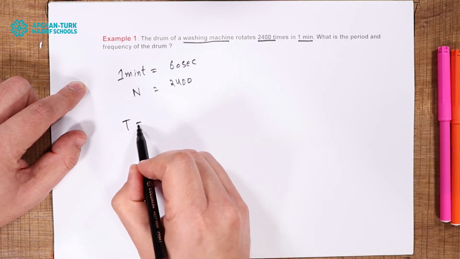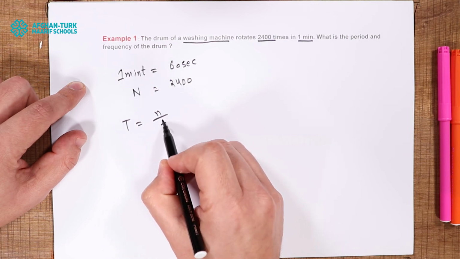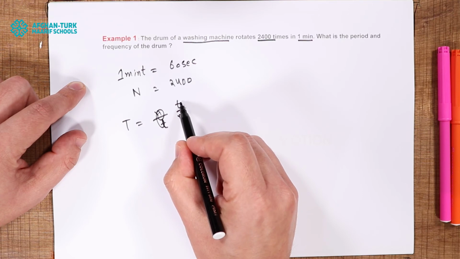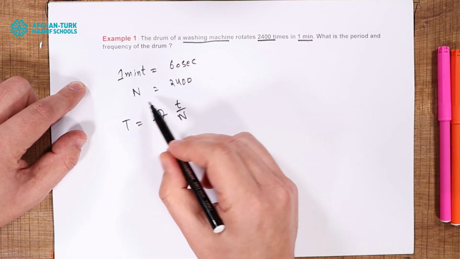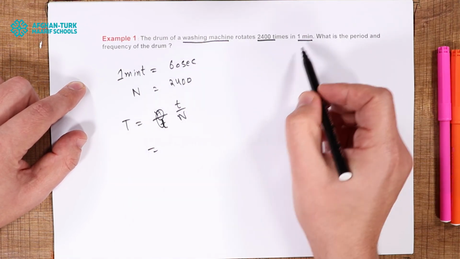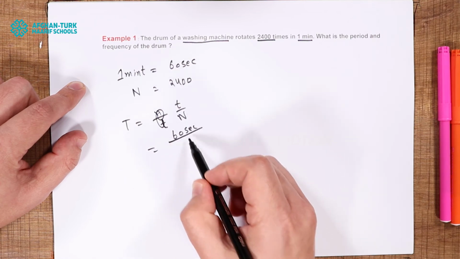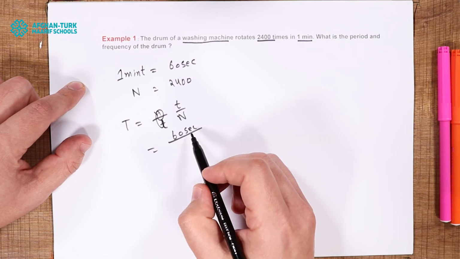We know that T is equal to t divided by capital N. Here t denotes the time, and N denotes the number of turns. So the time is 60 seconds and the number of turns is 2400.